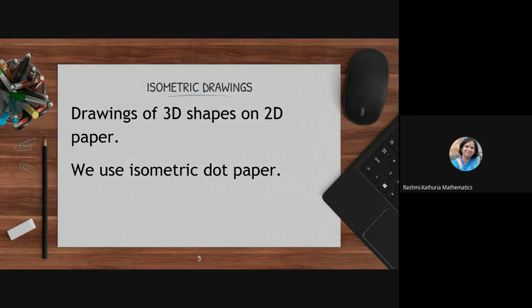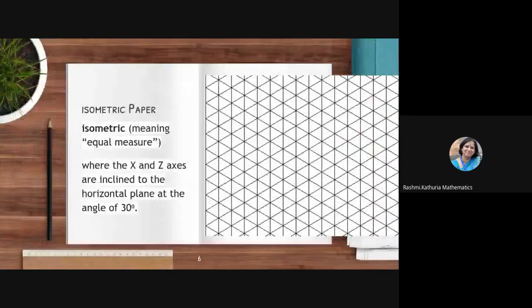So here you can see on the screen isometric paper. The word isometric means equal measure. And here you will see how this paper has been constructed. Here the x and the z axis are inclined to the horizontal plane at an angle of 30 degrees. So this is how this paper has been constructed.